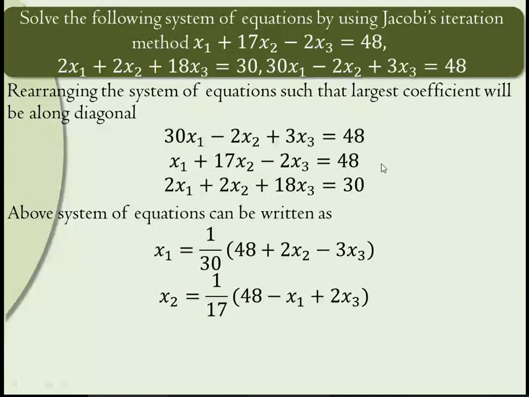And x3 from the third equation will be 30 minus 2x1 minus 2x2 divided by 18. Very easy. No separate formulas are used here. We just make use of the given equations properly. Get x1 from the first, x2 from the second, x3 from the third equation.